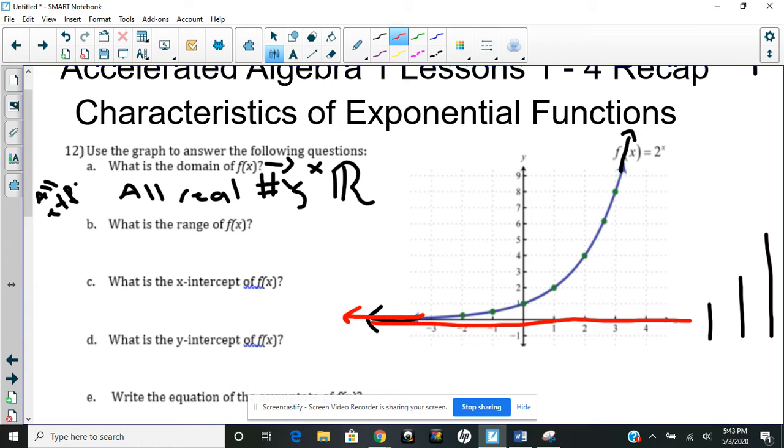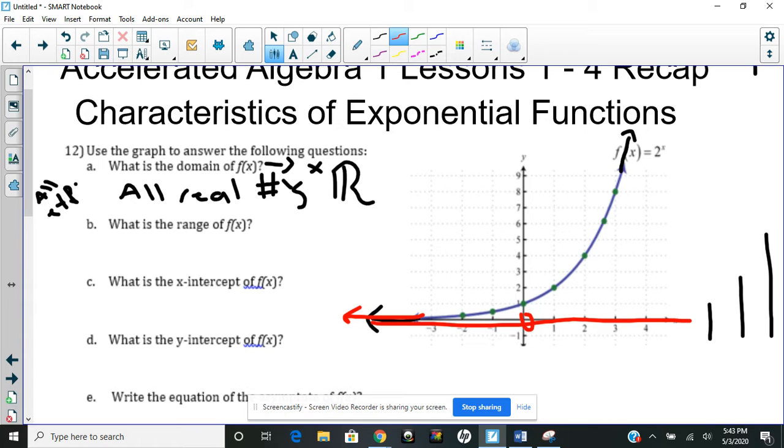It's never going to cross below that red line. So we have to think, what is the lowest y value on this graph? It's going to be right here at 0, because that's where the graph is straightening off.